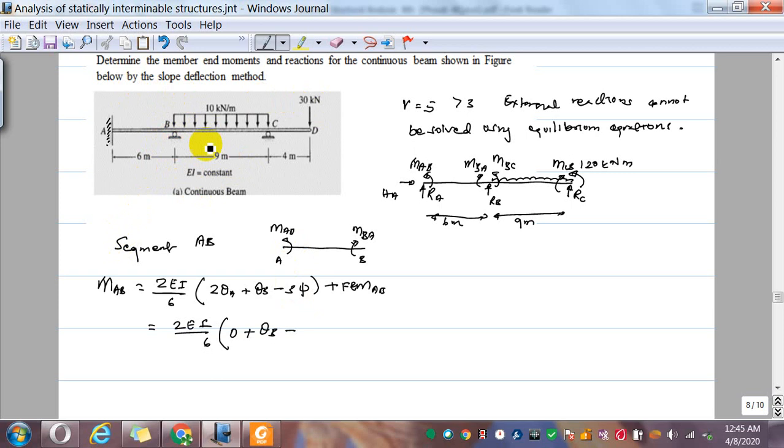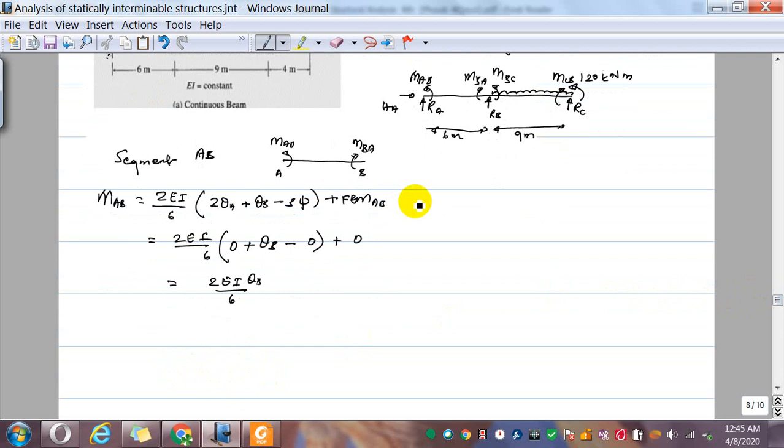There is no mention of settlement of support, so we'll put that as 0, plus the fixed end moment. The fixed end moment AB is 0 because there is no load acting on segment AB. So MAB is 2EI theta B over 6.